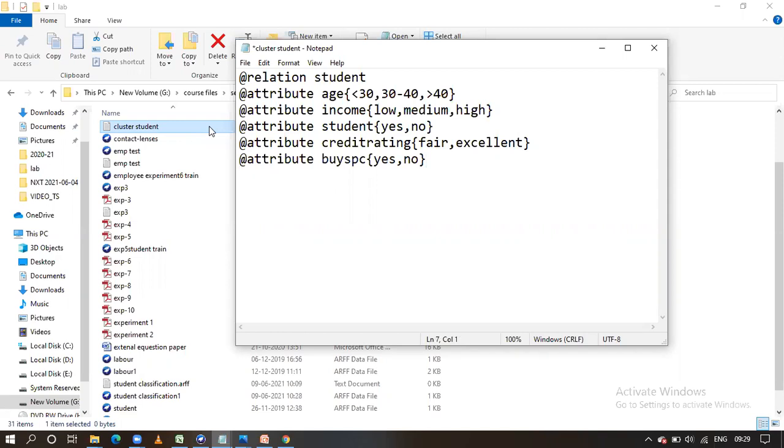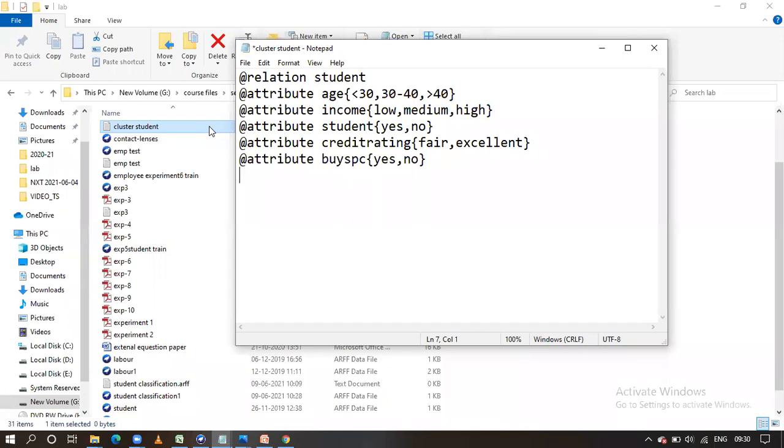Till now, the relation name we have mentioned by using @relation. Next, we have entered the five attributes for the student, that is age, income, student, credit card rating, and buying computer or not. Age takes three values: less than 30, 30 to 40, greater than 40. Income takes three values: low, medium, high.